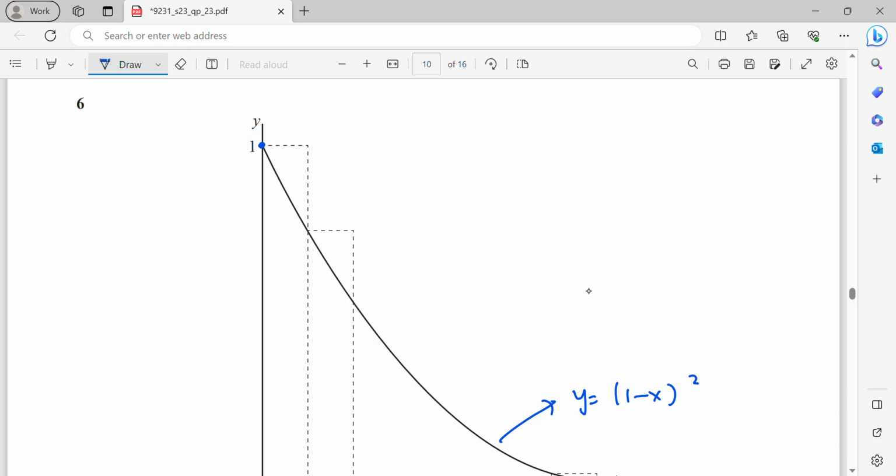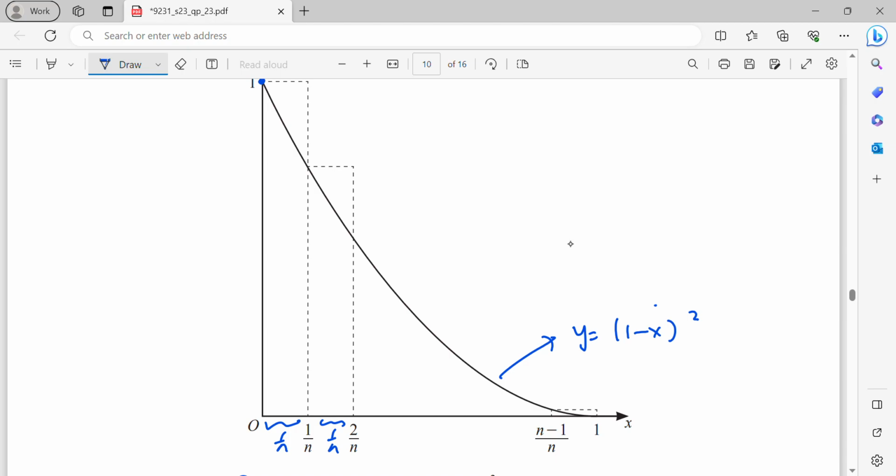That means this is 1, 1 minus 0 is 1, 1 squared. Then for my second rectangle, the height is 1 minus 1 over n to the power of 2. Same goes to the last one: the height is going to be 1 minus n minus 1 over n squared. For all the rectangles, the width is the same, which is 1 over n.